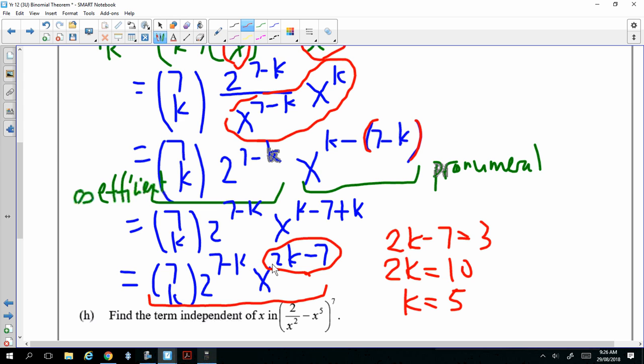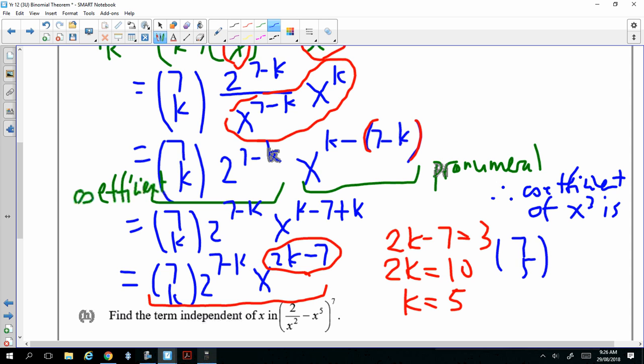They want the coefficient of x cubed, so the coefficient of x cubed is 7C5, 2 to the power 7 minus 5, because you've got the coefficient part, right? So what's that equal to? 7C5, you can use your calculator. Oh, I've already got it there. 21. Okay, 21 times 4, 84.